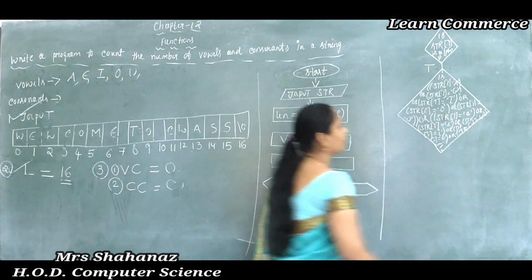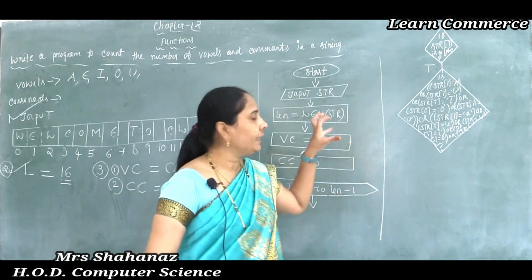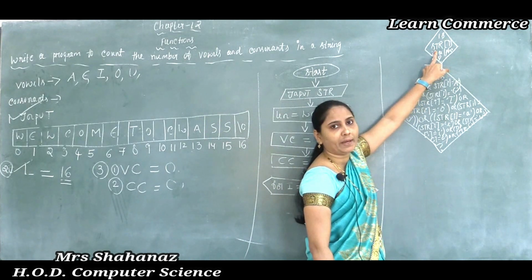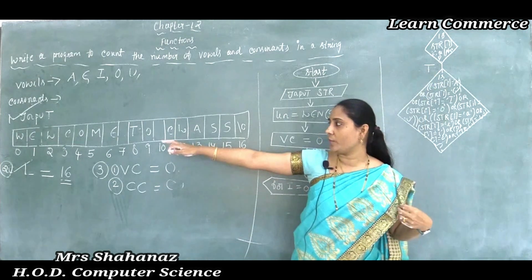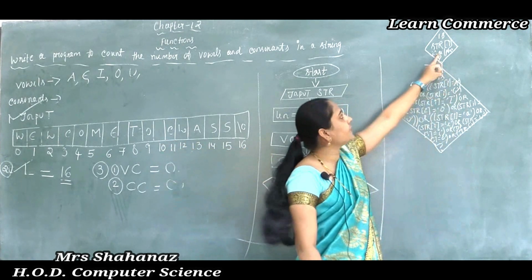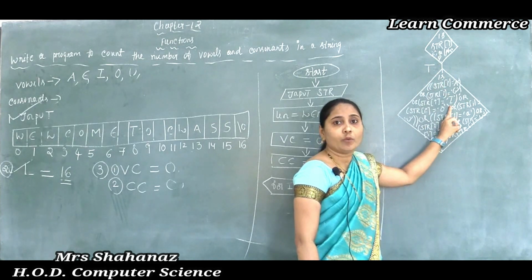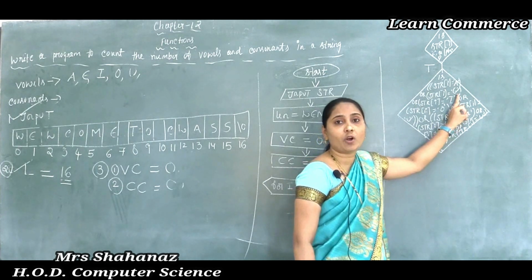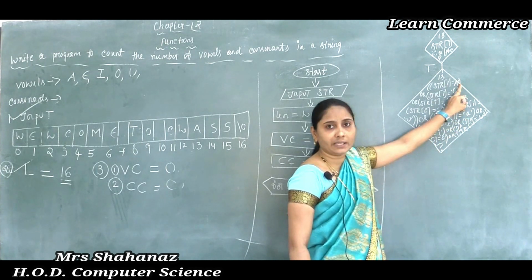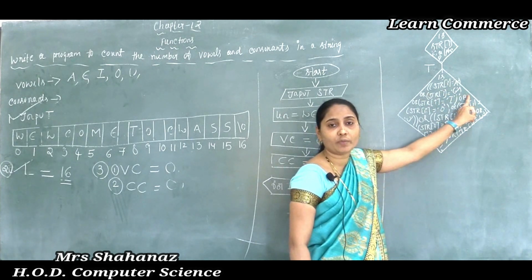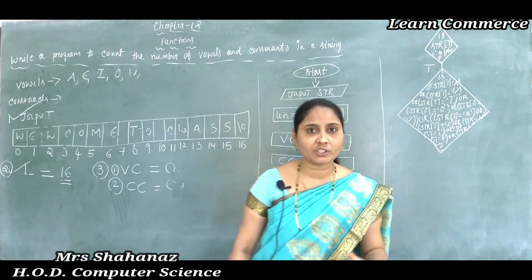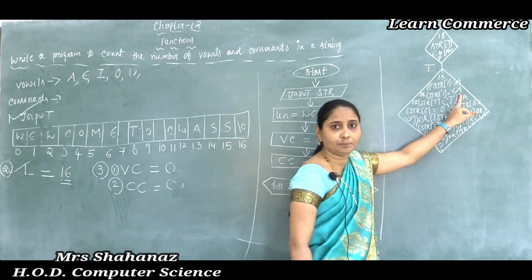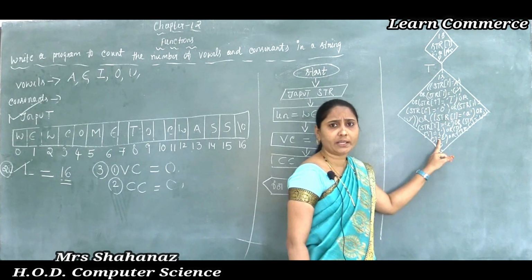Close the bracket twice. So in this decision I have completed the condition. First I want to check whether it is an alphabet. The str of I, that means the 0 position value, is the letter W, which is an alphabet. If it is an alphabet, then we check whether it matches the vowels A, E, I, O, U, or the small letters a, e, i, o, u.